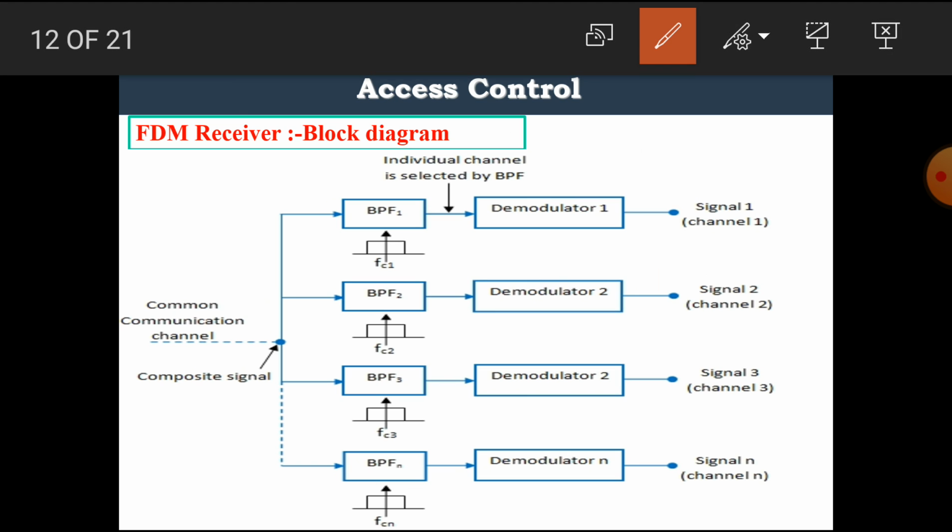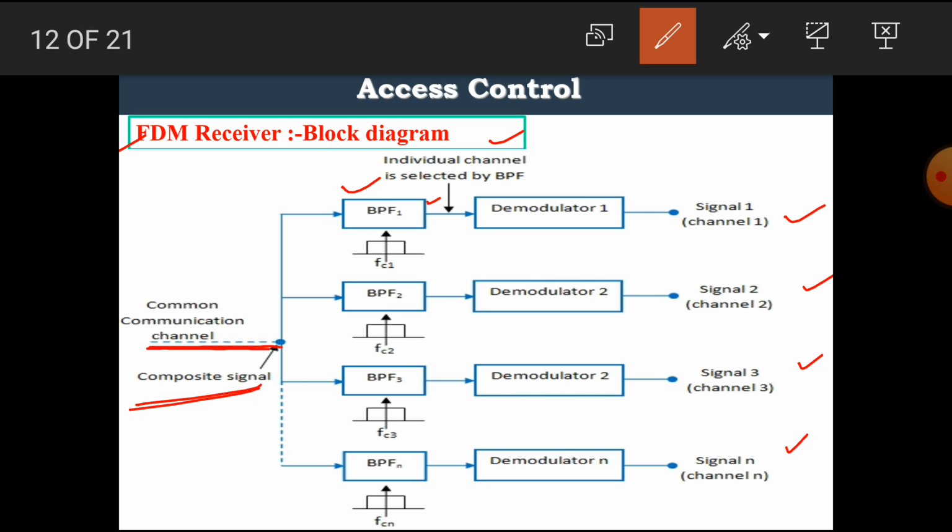Now let's see the FDM receiver. This is the block diagram of the FDM receiver, in which the communication channel originates from the FDM transmitter. It contains a number of frequency signals, that is, a composite signal. In the receiver, we have to separate these signals, hence we use band pass filters, each of which passes a specific frequency band.